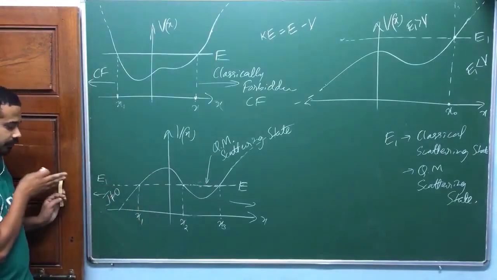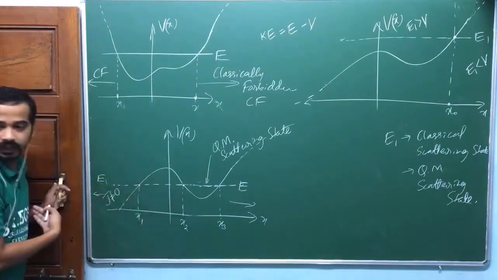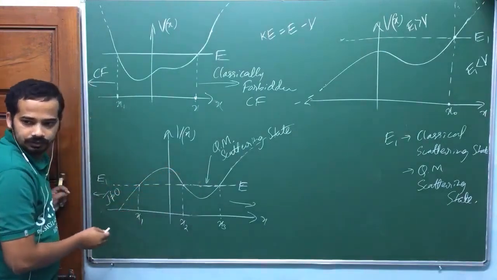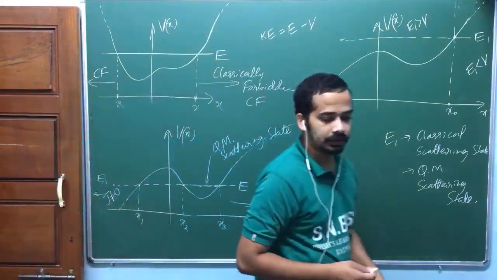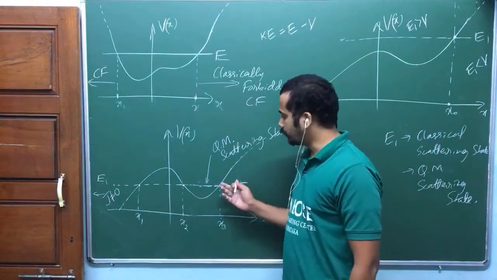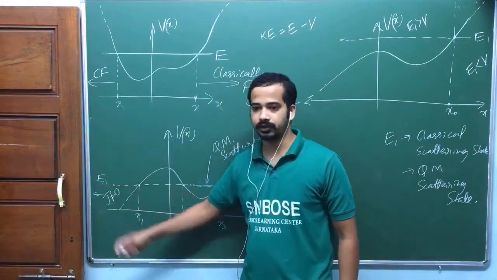But quantum mechanically, if the particle is shot from minus infinity with this energy, it can reflect back as well as tunnel into this region. In both cases, it is a quantum mechanical scattering state. If you leave the particle here, then also it can escape this region and go to this region.